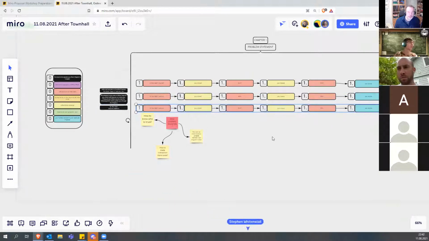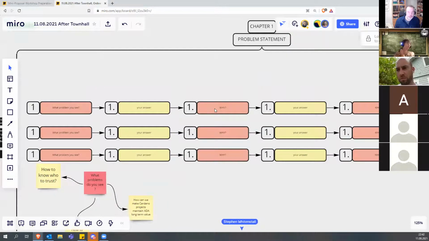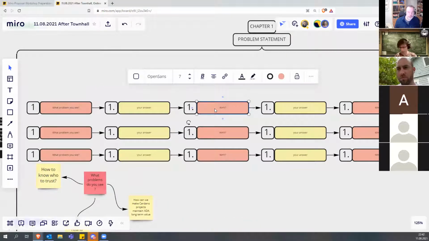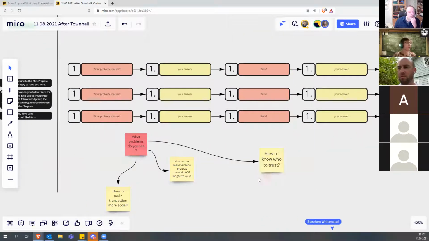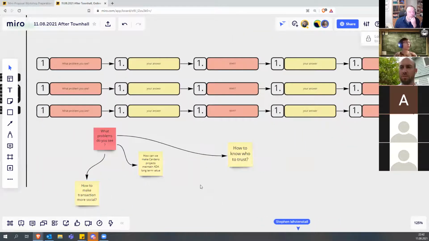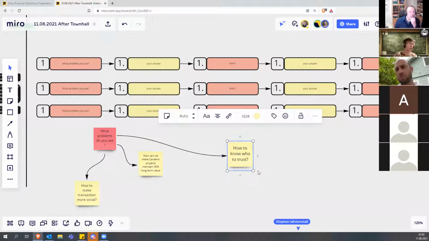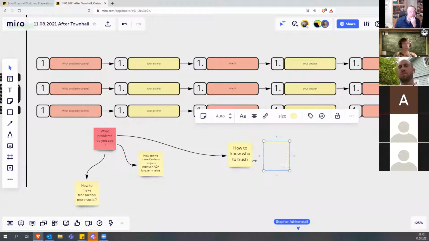Okay, three things. So the next question would be why, but with that why I mean, if you have a question how to know who to trust, then why is it important to know who to trust? How would you answer that?